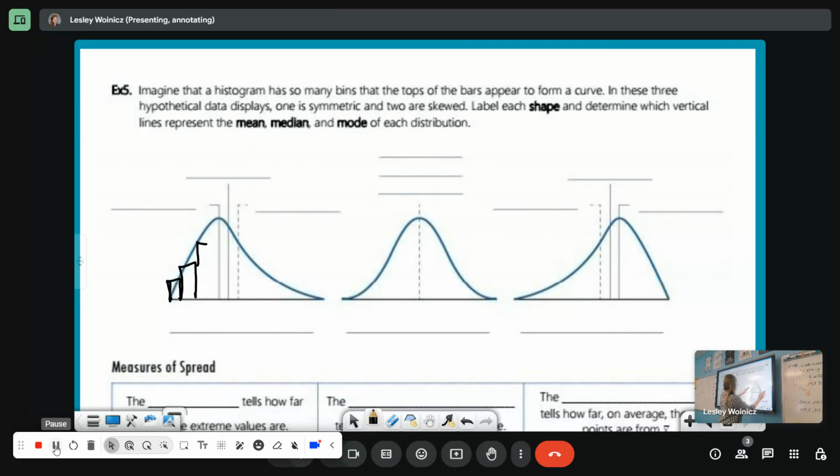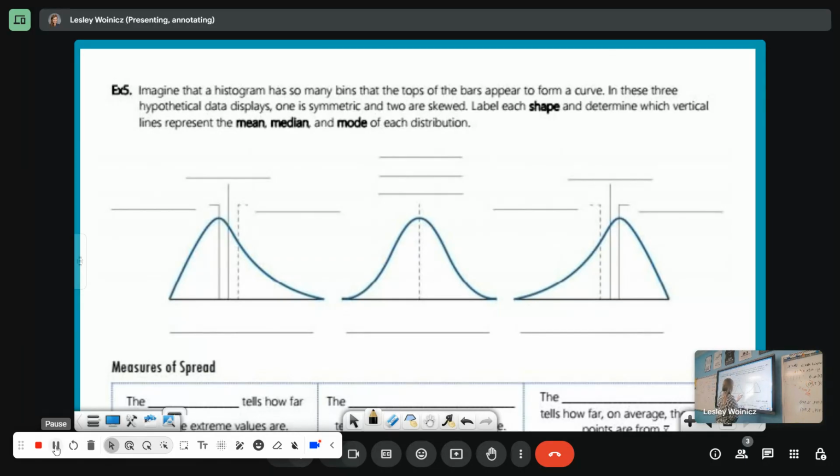Then you would have these smooth, pretty little curves. We have one that's symmetric, the middle one, and the other two are skewed. We're going to label each shape, and determine which vertical lines represent our mean, median, and mode.